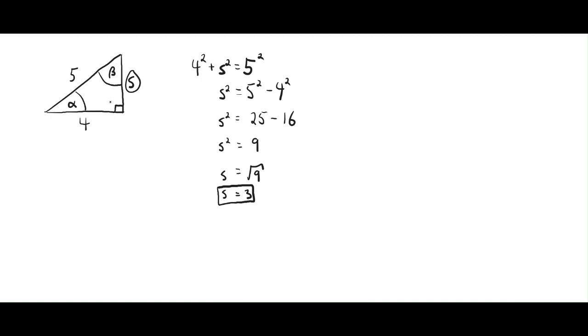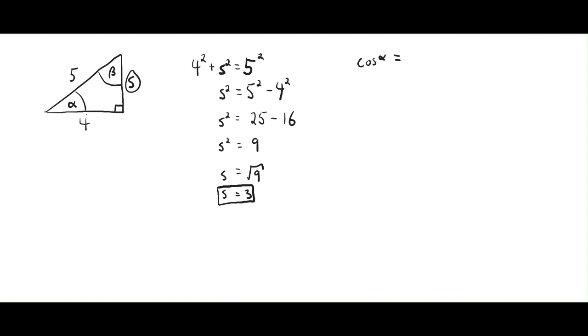Let's find what alpha is. Now the cosine of an angle is the adjacent side over the hypotenuse. The adjacent side to alpha is this one with side length 4. You can see this side actually makes up one of the lines that defines alpha. So this is a side length 4, and alpha is the angle between that line and the hypotenuse.